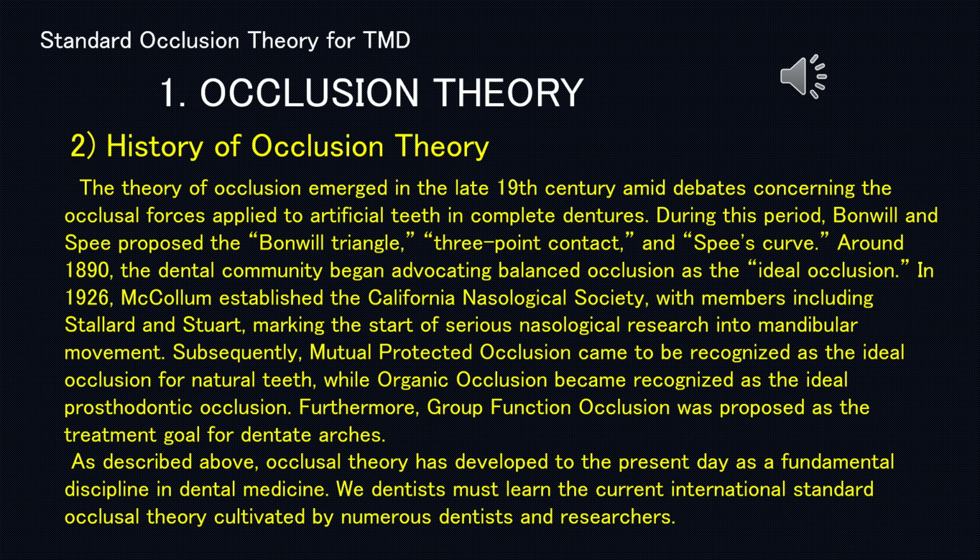Furthermore, group function occlusion was proposed as the treatment goal for dentate arches. As described above, occlusal theory has developed to the present day as a fundamental discipline in dental medicine. We dentists must learn the current international standard occlusal theory cultivated by numerous dentists and researchers.